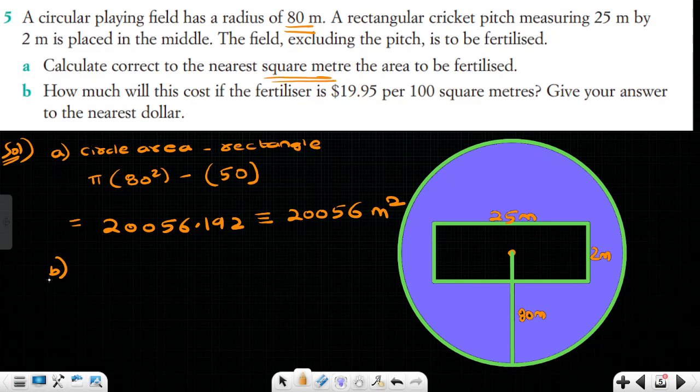How much will this cost if the fertilizer is $19.95 per 100 square meters?